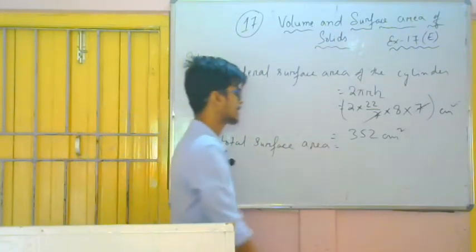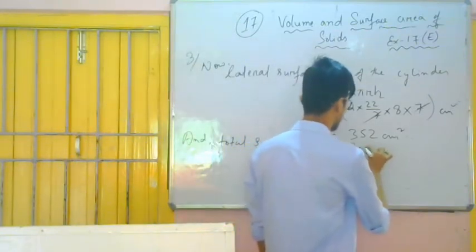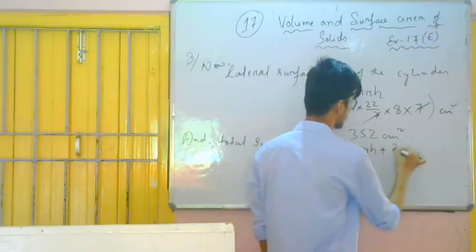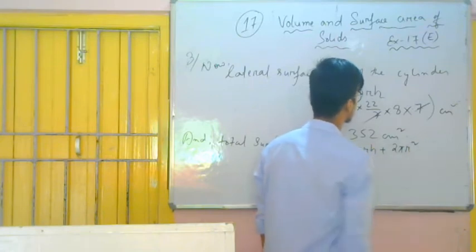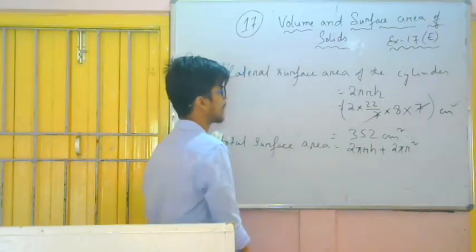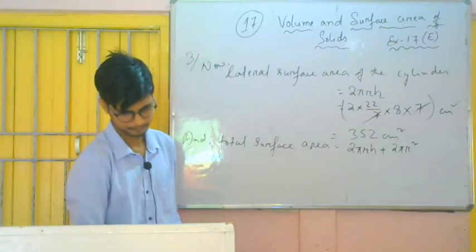We know the formula, it is 2 pi r h plus 2 pi r square, 2 pi r h plus 2 pi r square.